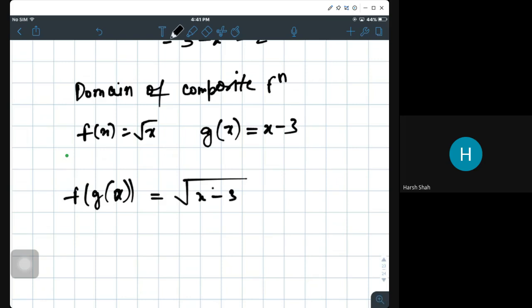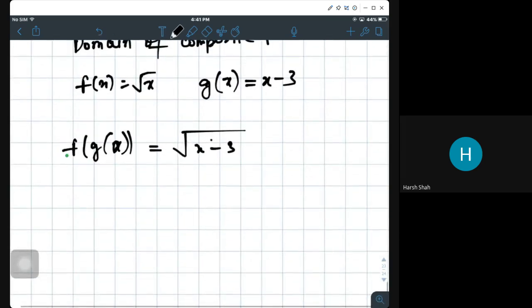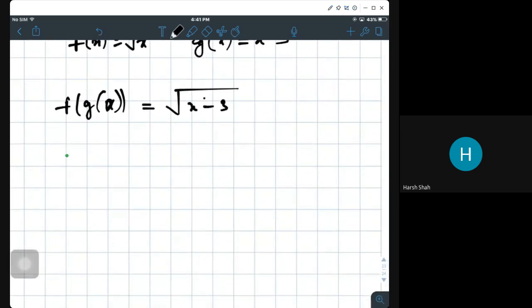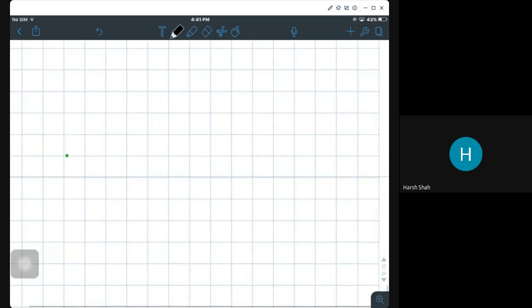I hope this is fine. Consider this as a function h(x) equal to root of x minus 3. Now for this function to give me a valid output, what must be my value of x?